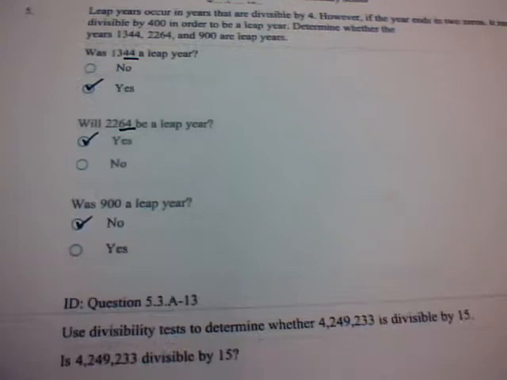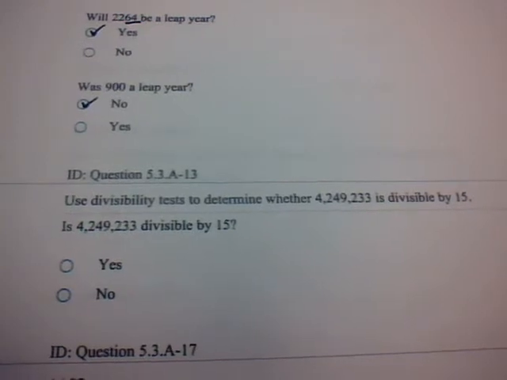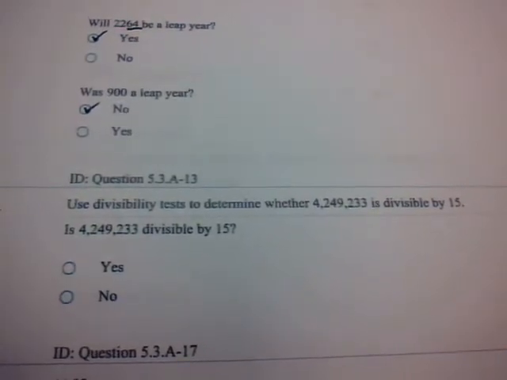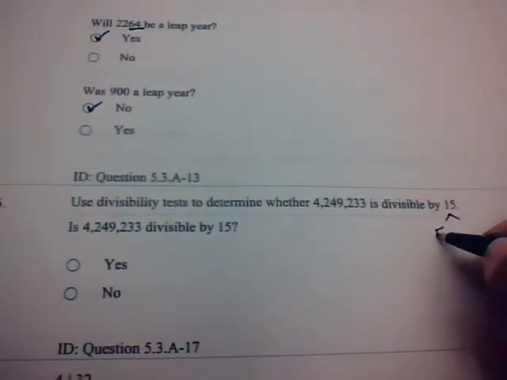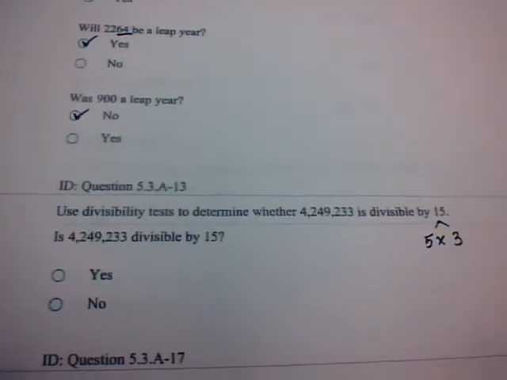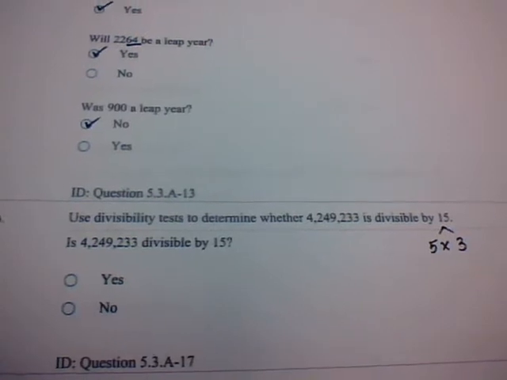Okay, problem number 6. Here we want to use the divisibility test like I did earlier to determine whether 4,249,233 is divisible by 15. In this case here, well, 15, break that up into 5 times 3. That means that that number must be divisible by 5 and it must be divisible by 3.